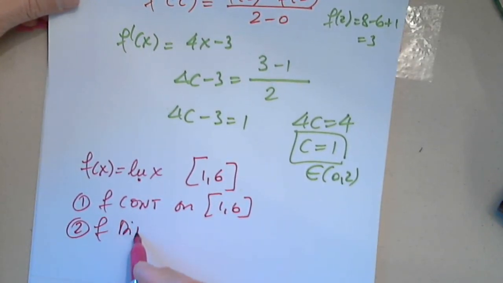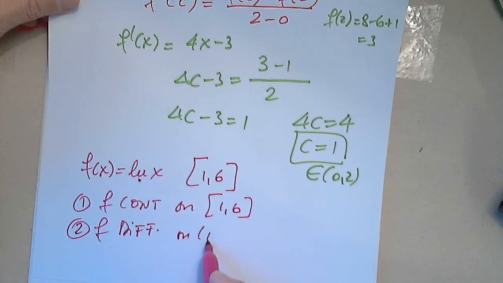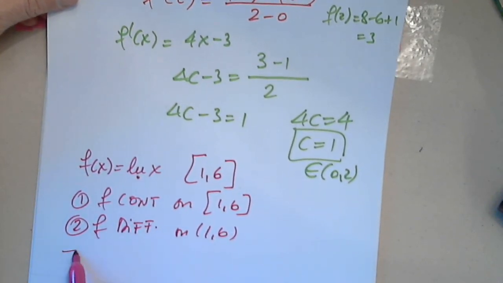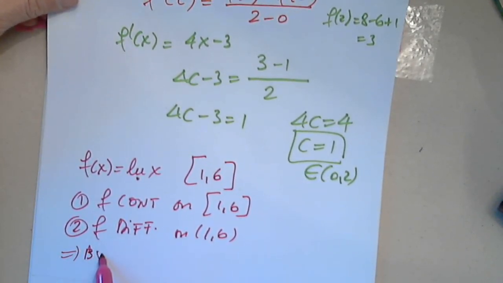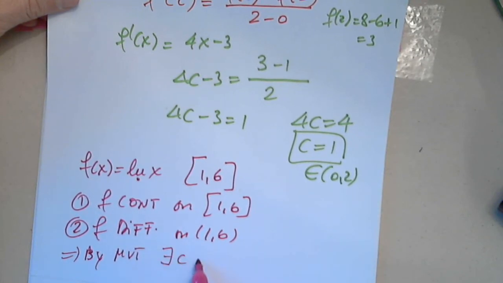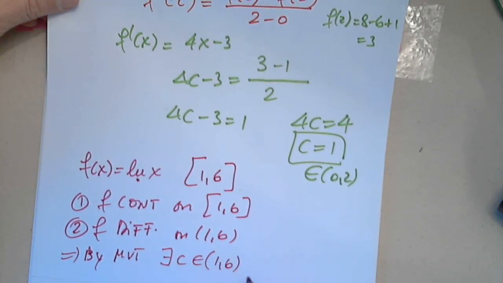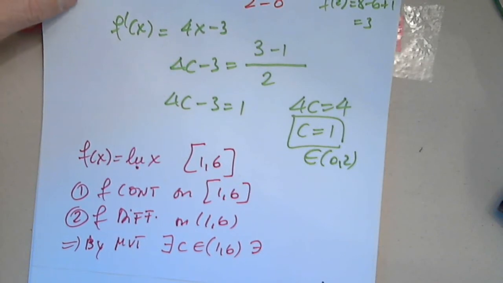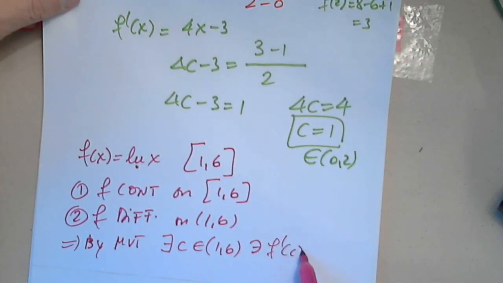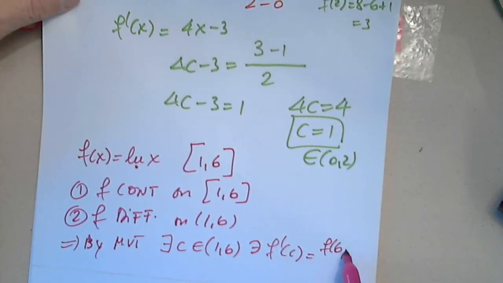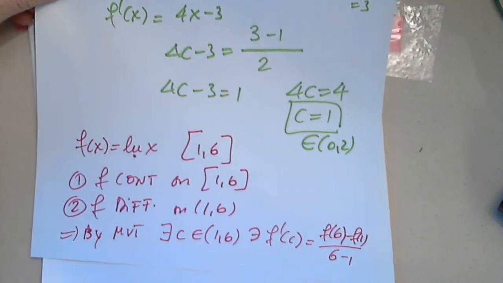And f differentiable on 1, 6. Again, by MVT, there exists a c in the open interval 1, 6, such that f prime of c equals f of 6 minus f of 1 over 6 minus 1.